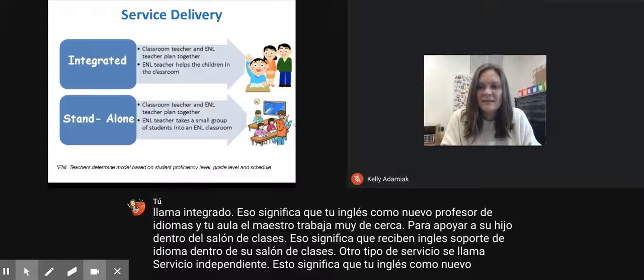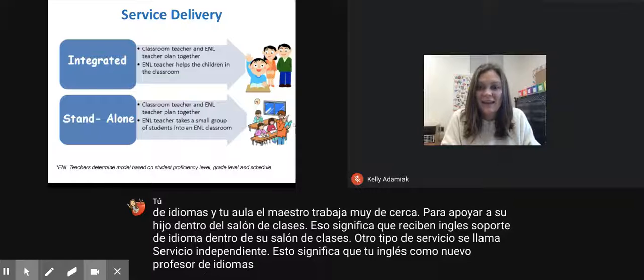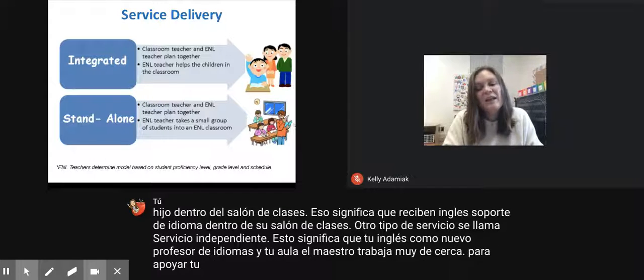Both of these types of English language support are offered at Preston Elementary School. The teachers decide which type of support would be best for your child based on their English proficiency, their grade level, and their schedule.